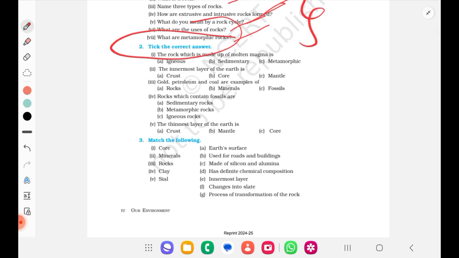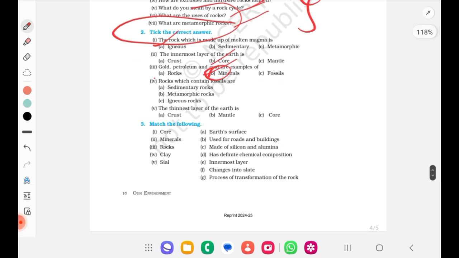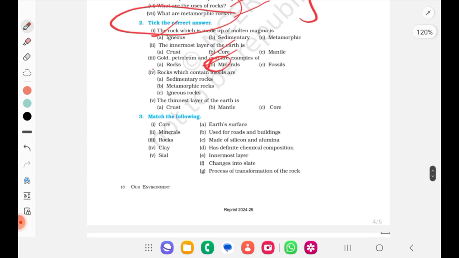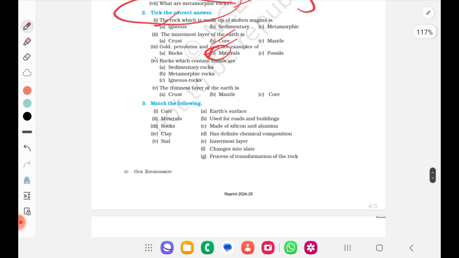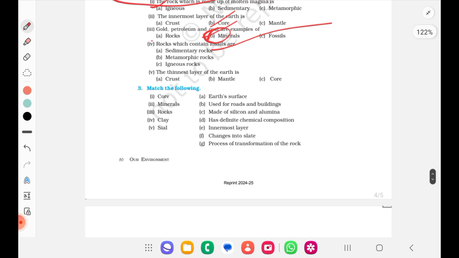The rock which is made up of molten magma is igneous rock. The innermost layer of the earth is the core. Gold, petroleum and coal are examples of minerals. Rocks which contain fossils are called sedimentary rock, not metamorphic, not even igneous.